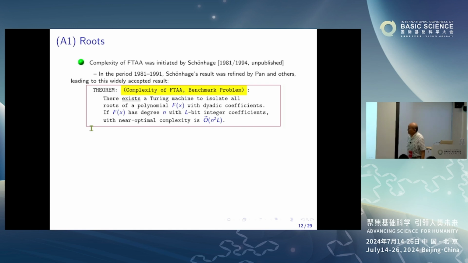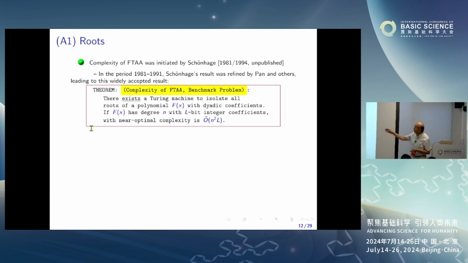So we all know FTA, the Fundamental Theorem of Algebra, basically going back to Gauss and even earlier, that says that if you give me a complex polynomial of degree n, it has exactly n roots, counted with multiplicity because you might have multiple roots. I call it FTAA. The second A here is algorithmic, the Fundamental Theorem of Algorithmic Algebra. The algorithmic part means the computational aspect of computing roots.